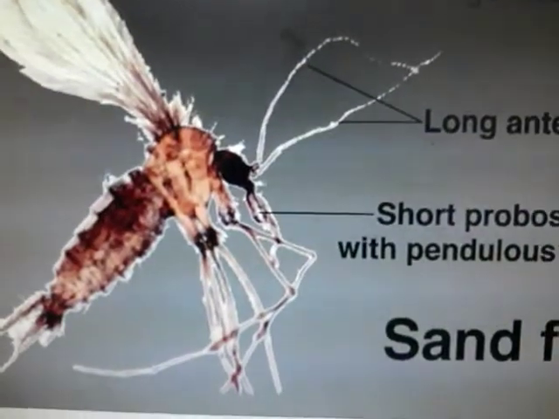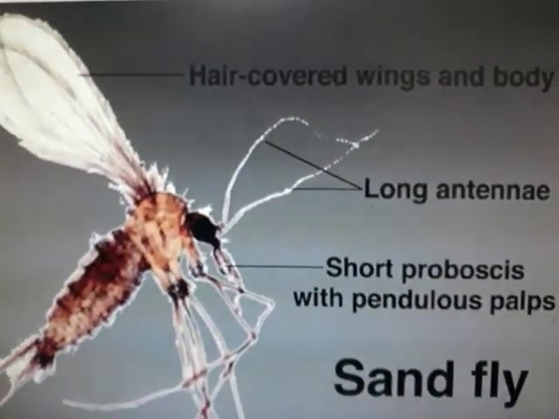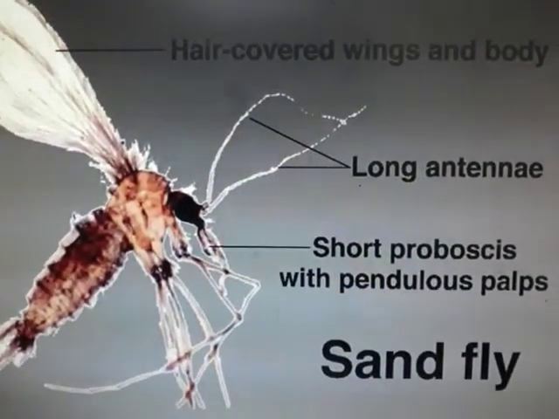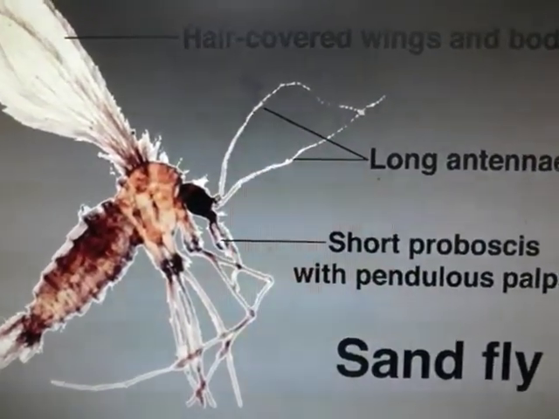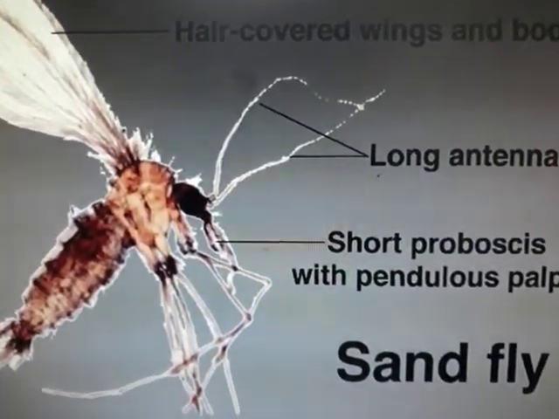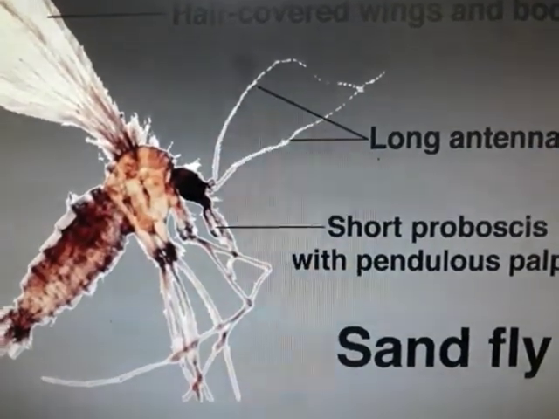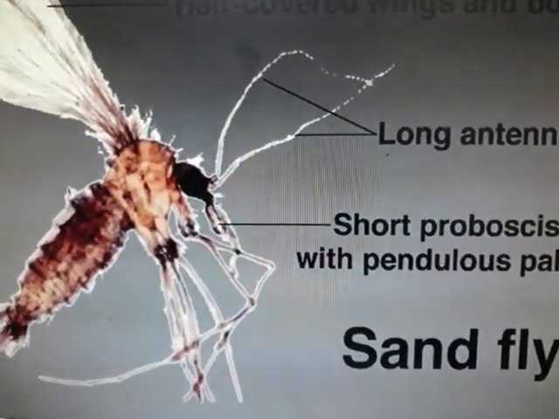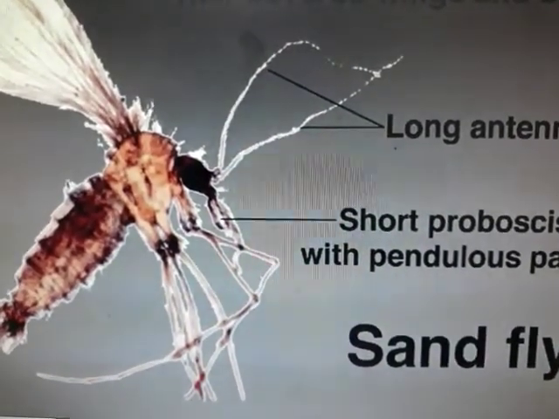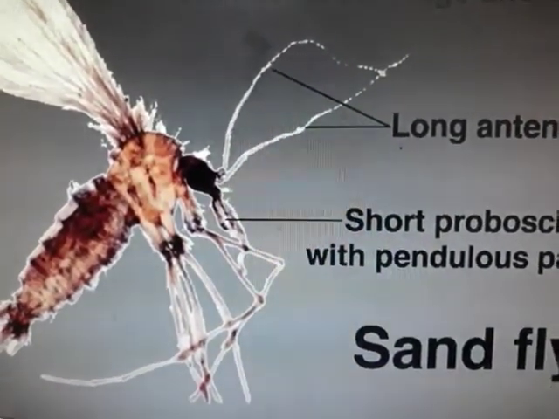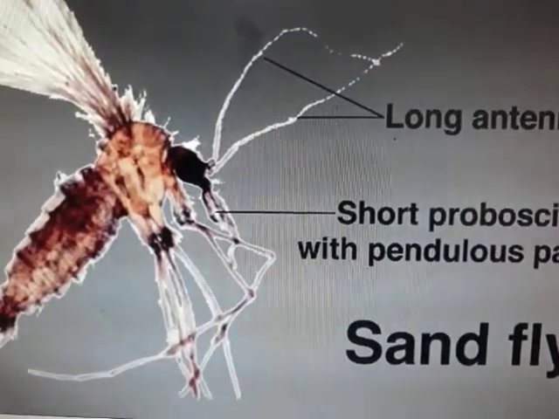Sandfly. The sandfly is small or minute, about 3 mm, usually very hairy, moth-like flies.